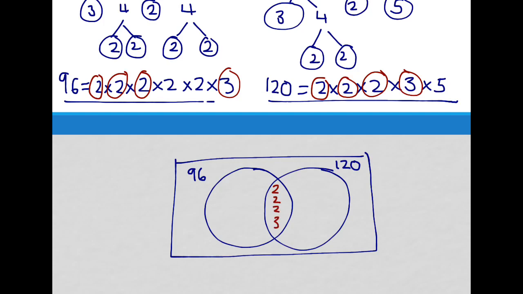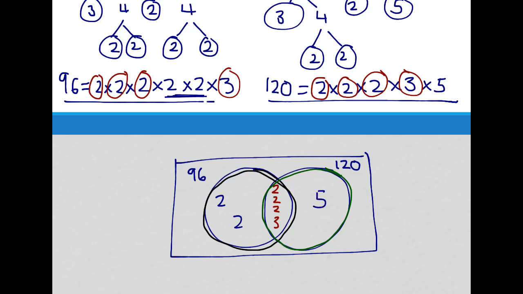So for 96, and I'm just going to draw them in different colours because I think that helps us to see, this is my circle for 96, and this here is my circle in green for 120. So for 96, the numbers which were not included are here, the 2 and another 2. And for 120, it's just the 5.